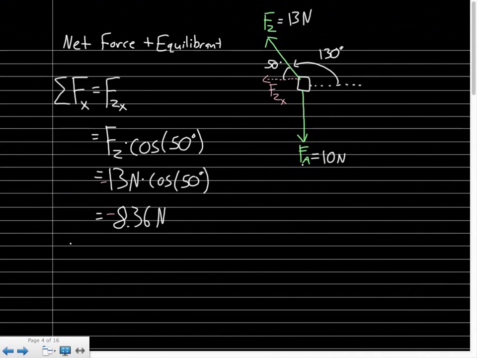Let's write our equation up. Sum of the forces in the y direction is equal to the y component, we call it FZY, of FZ. So we call FZY plus FA is going down. And FA is negative, we'll have to remember.